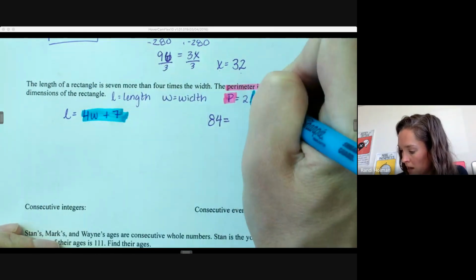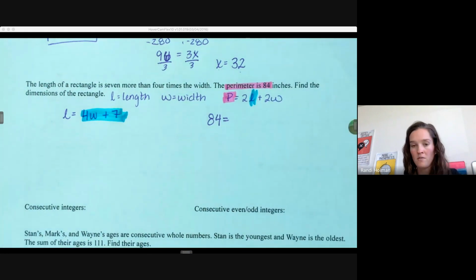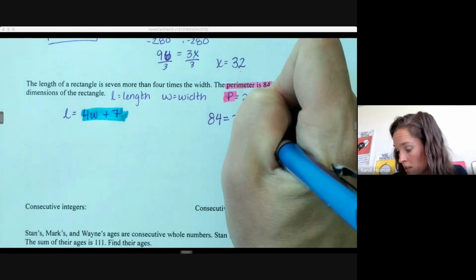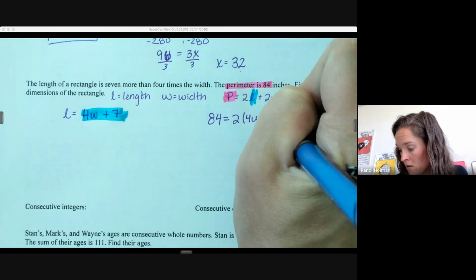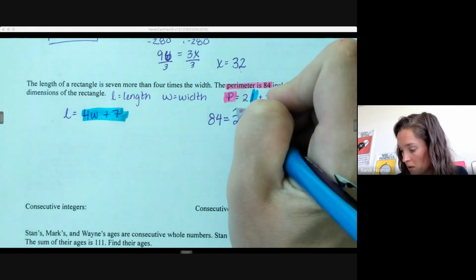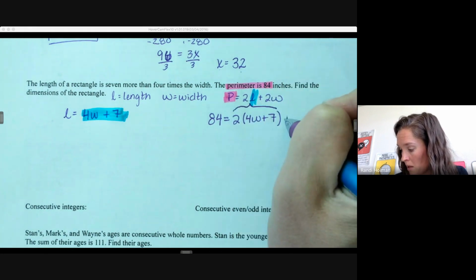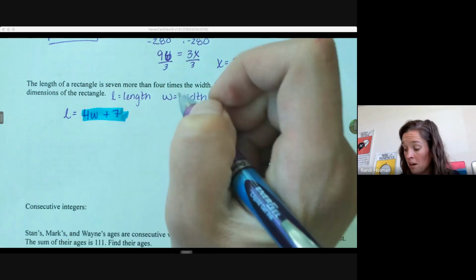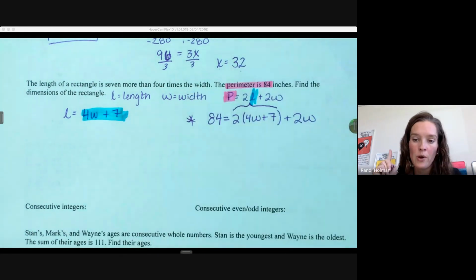So instead of L here, I can put in 4W plus 7. Make sure we're multiplying that 2 times the whole thing. So 2 times 4W plus 7, that's my 2 lengths, this part right there, plus 2 widths is equal to 84.